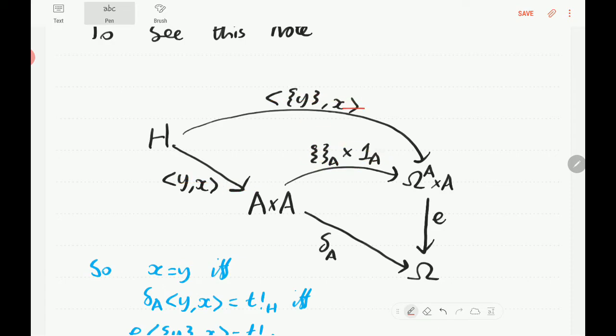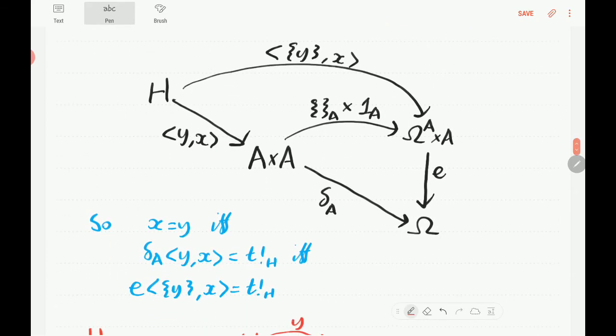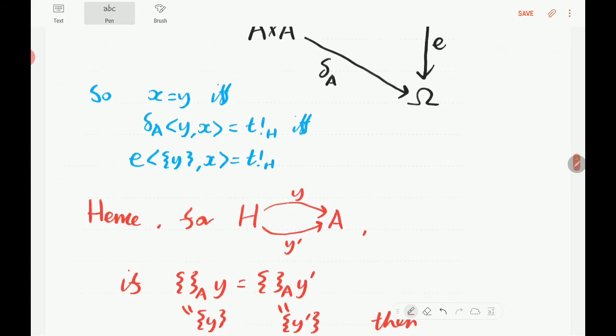Well, it's clearly this. So this whole diagram commutes, and so we immediately have x equals y if and only if delta A of y comma x sends everything to true, as in this arrow sends everything to true, and that's equal to this arrow here. So this happens if and only if e after y in curly brackets comma x sends everything to true, and that's what we wanted to prove.